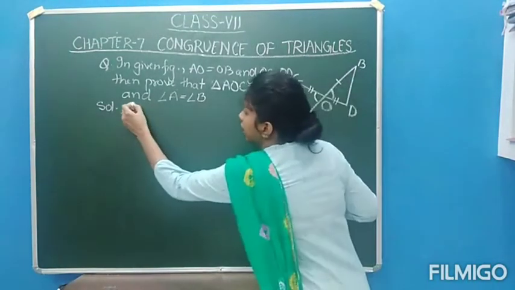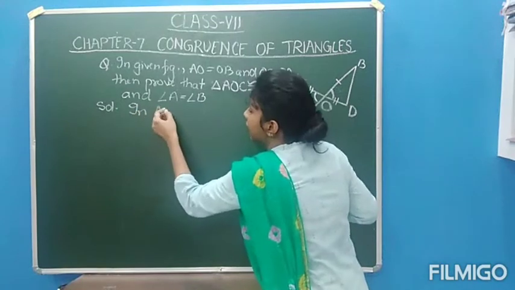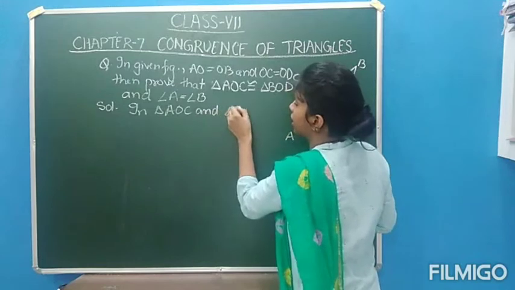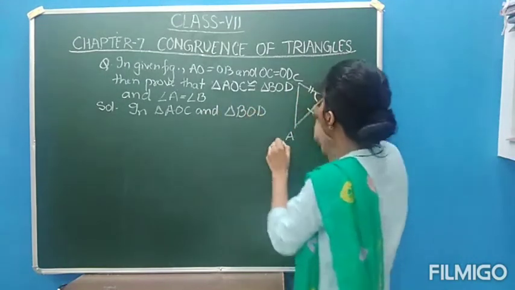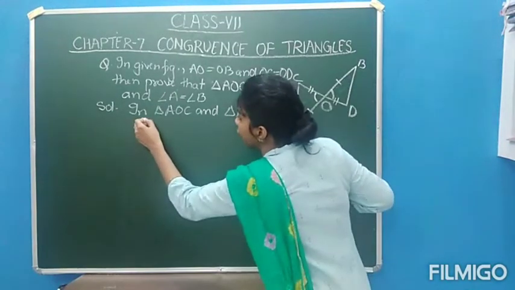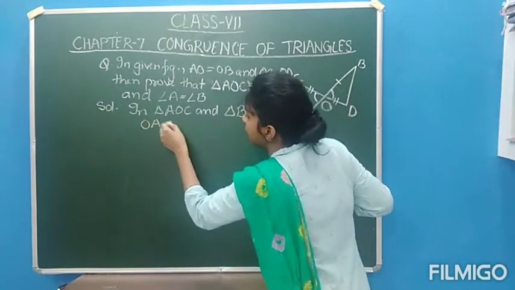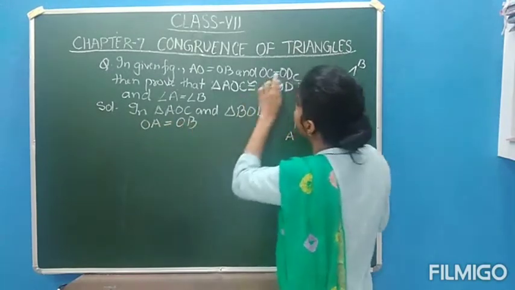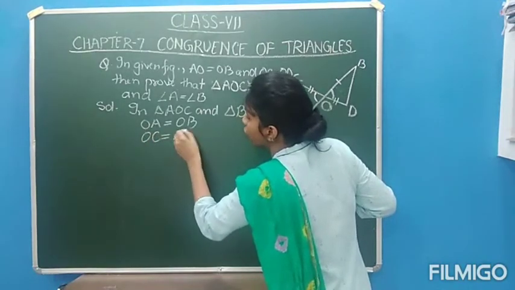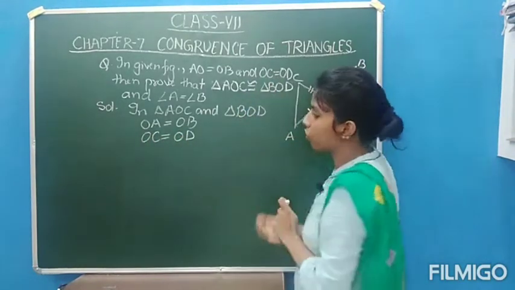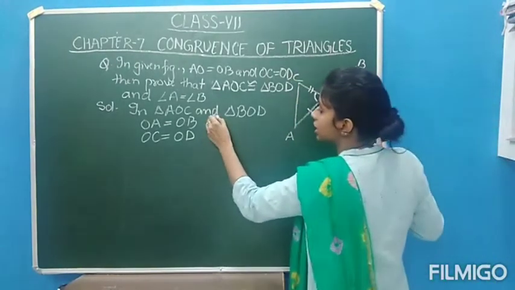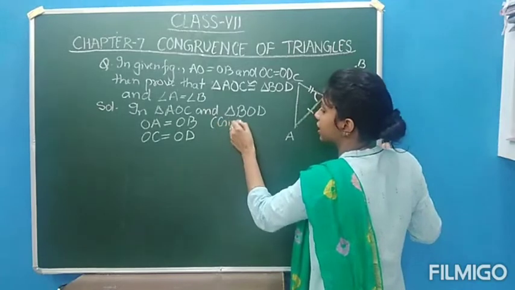So let's write how we are going to solve this. In triangle AOC and triangle BOD, these are the two triangles. In these triangles it is given that OA is equal to OB, and OC is equal to OD, this one is also given. We have to write here "given".